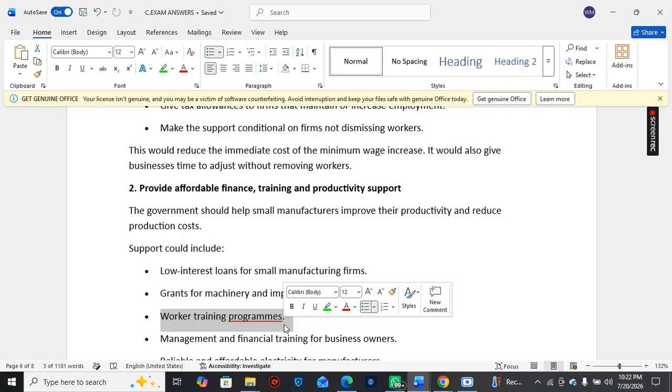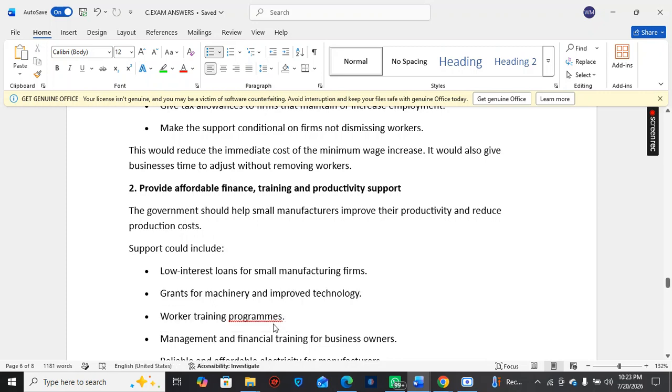Because if the cost of the worker increases but they still remain with the same skills and the same capabilities, it's not nice. But if the cost per worker increases and there are training programs to make these workers better skilled and competent, you benefit as a business.